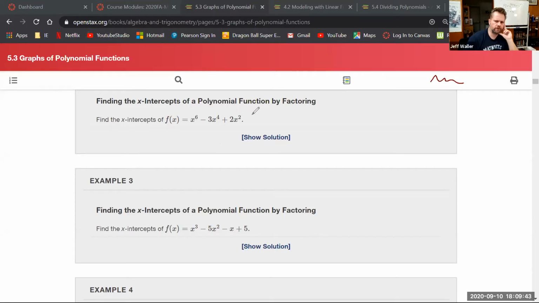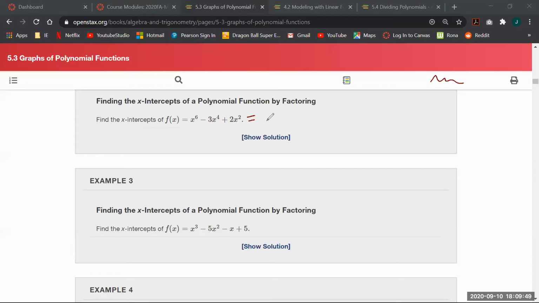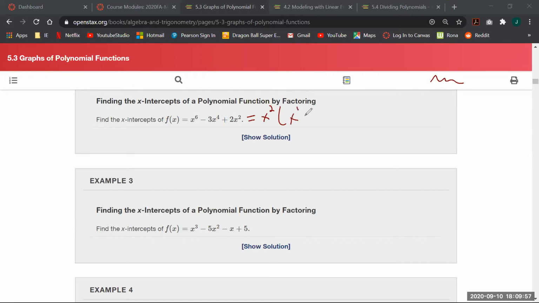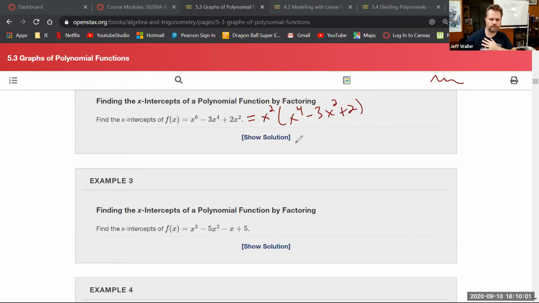What's the first step on this one here? Would you take out the x squared? Totally. I love it. So then you're left with what? X to the 4 minus 3x squared plus 2. Kick ass. So then this just comes for the ride. And how do I do this guy?